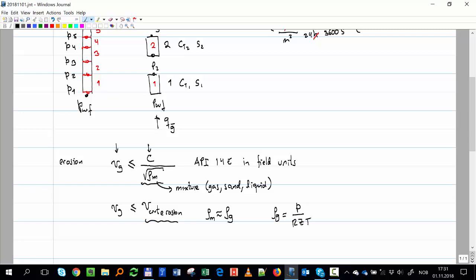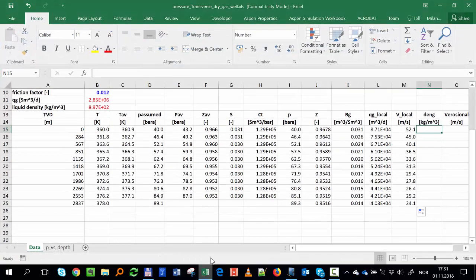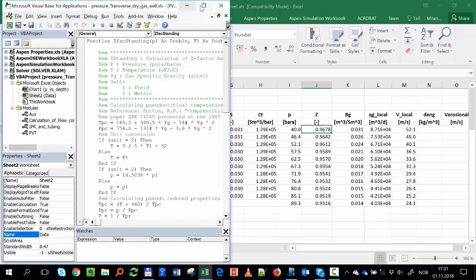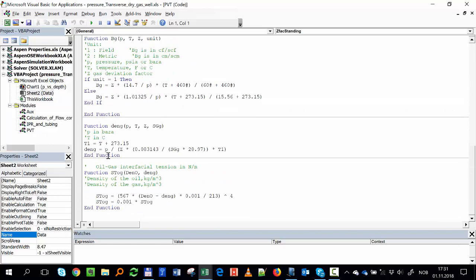That equation is programmed for you, and we have everything we need: P, T, Z. So let's look at the equation we are going to use, Alt F11. Let's go down. You should have the density here. I need the temperature in Celsius, the pressure in bar, the deviation factor, and the specific gravity of the gas. So let's use that equation.